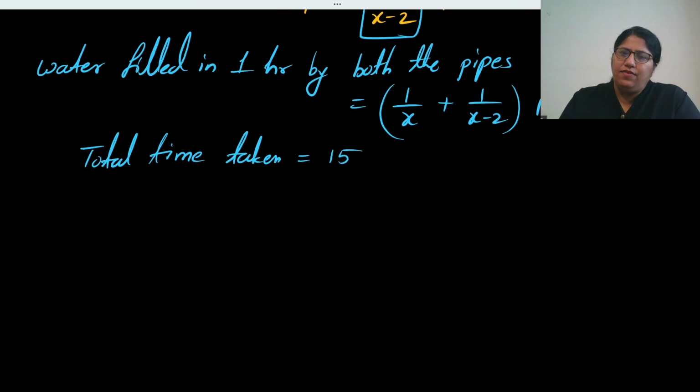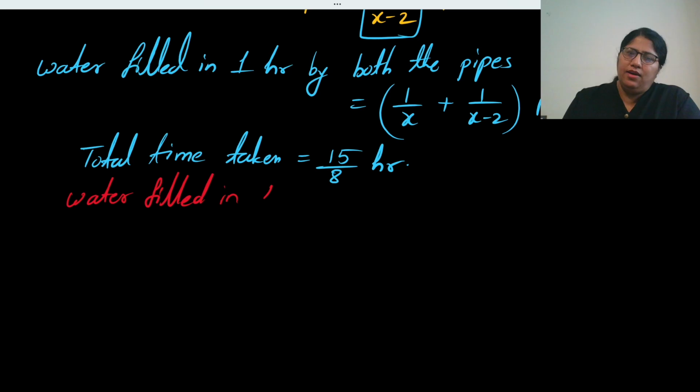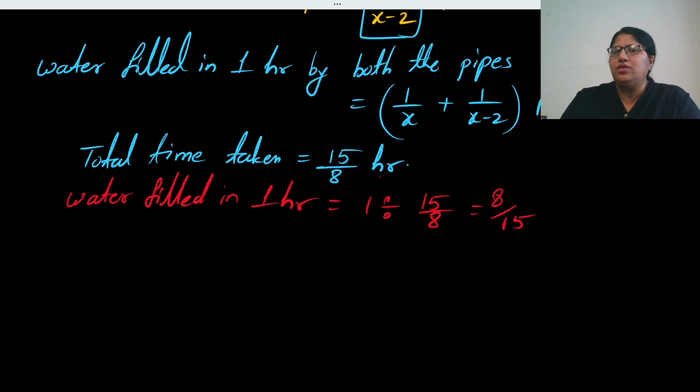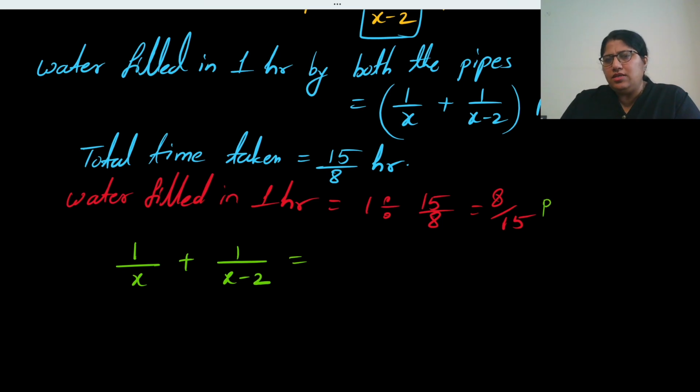So water filled in 1 hour, because everything you are going to take as 1 hour, then only you can equate, will be 8 by 15, because you are taking the reciprocal. So the equation when both the taps are open is 1 by x plus 1 by x minus 2 part, and this is also the whole tank, 8 by 15th part is filled. So it is going to be 8 by 15.